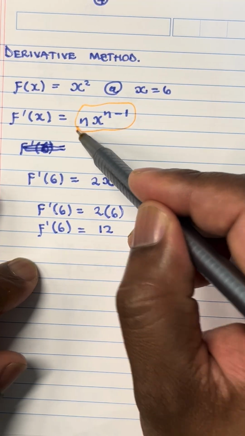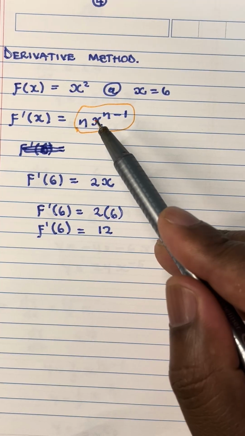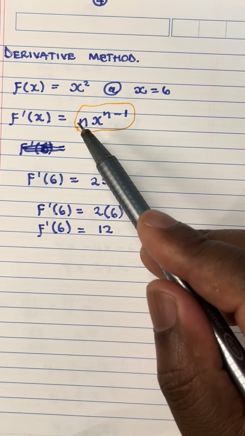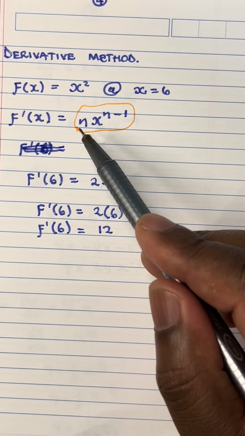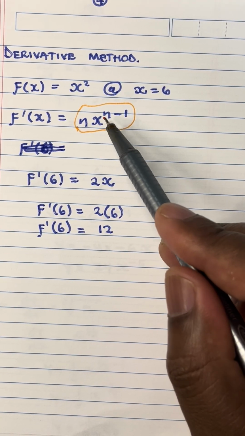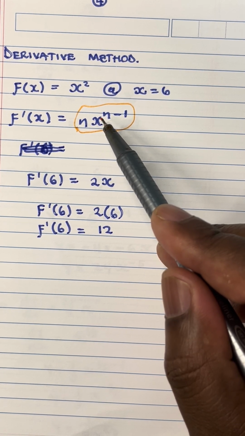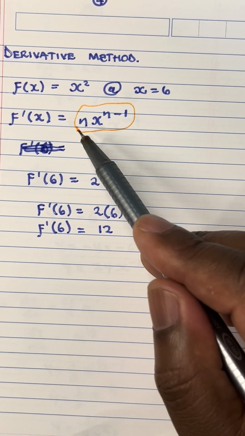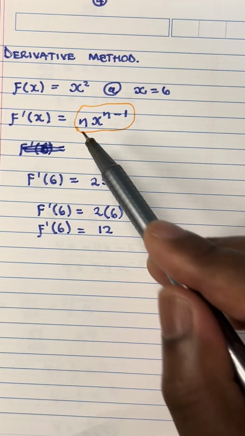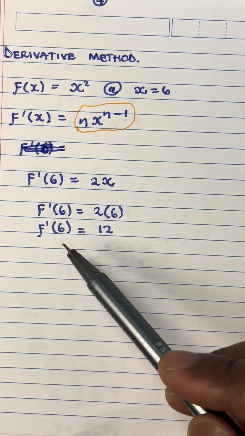So what does that equation say? It says whatever is your exponent over here on x, take that exponent and minus 1, and then you leave it on that x, and then take that exponent again and put it in front over here.